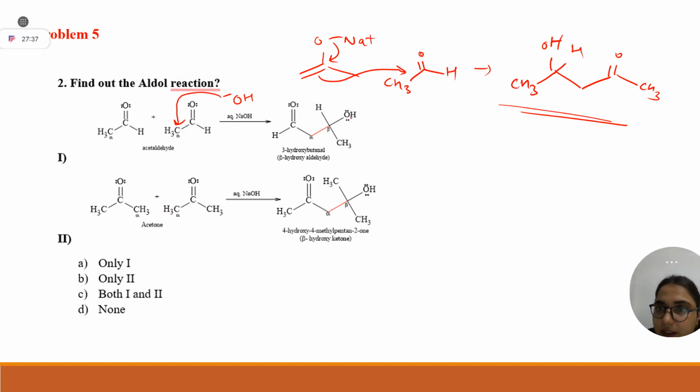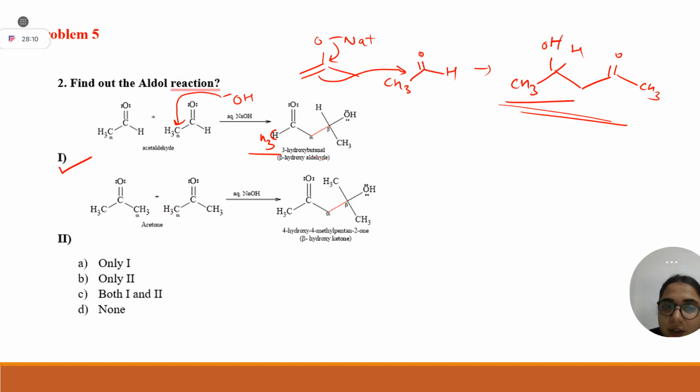So CH3, CHOH, CH2, CHO. So option number 1 is correct, students. Are you with me? Ma'am, but here the product is wrong. It will be a methyl group attached to C double bond O. Here hydrogen is attached. Very good. As per our mechanism we have written correctly here, but good observation.